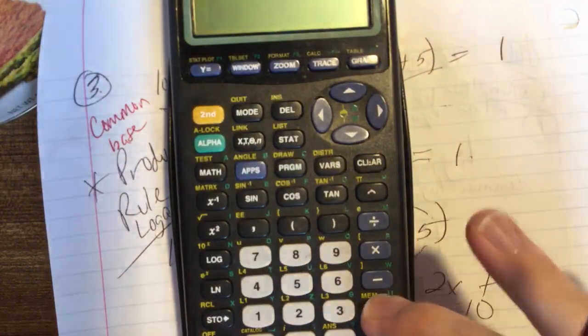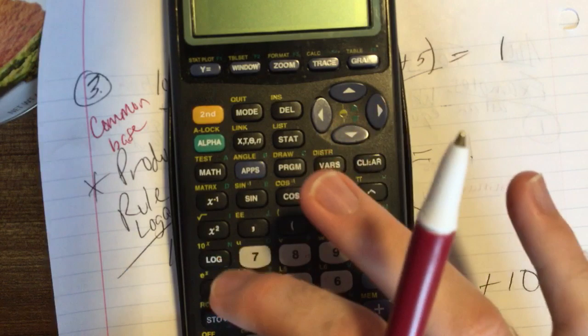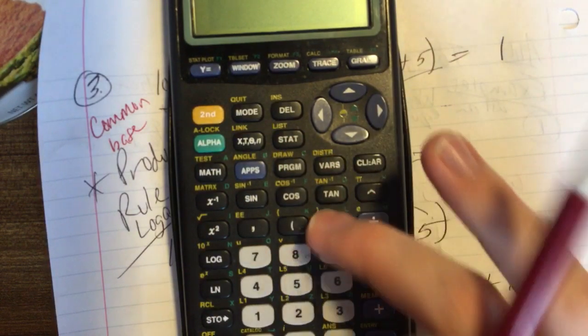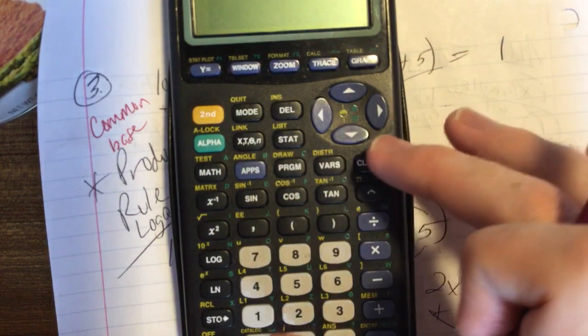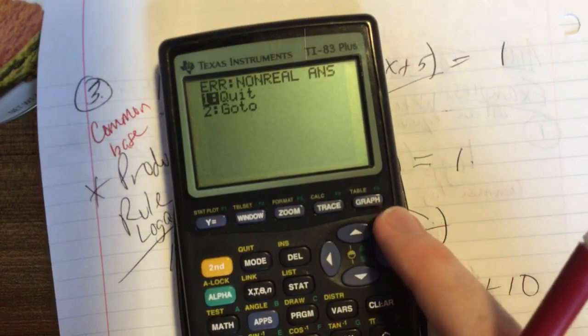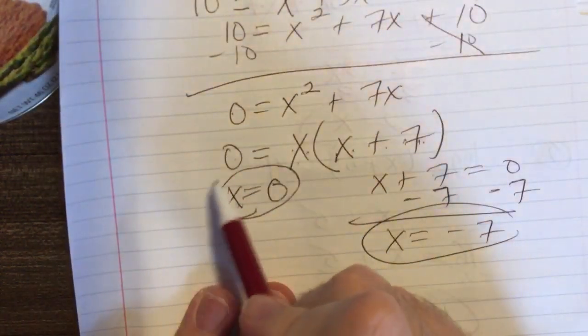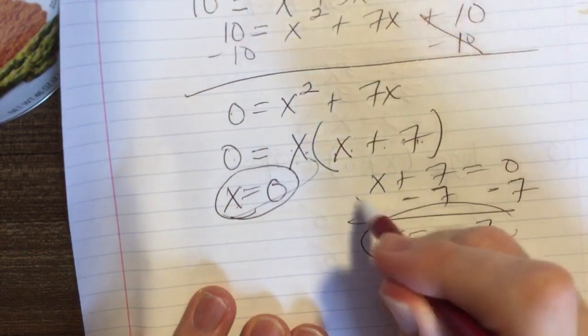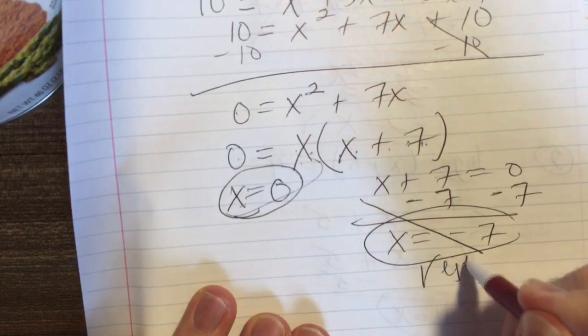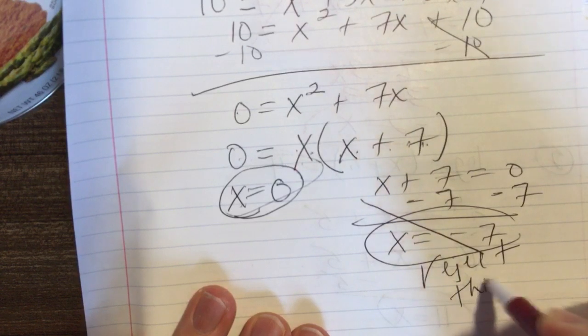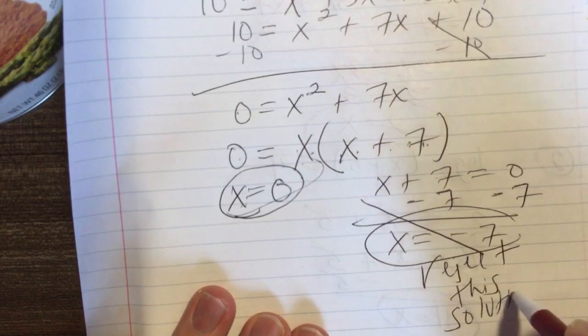We're adding on the log of negative 2. Use parentheses, and you'll notice that you get an error. So that means that we're going to keep the solution x equals 0, however, we're going to reject this solution over here, since it didn't work out and it made an error on the calculator.